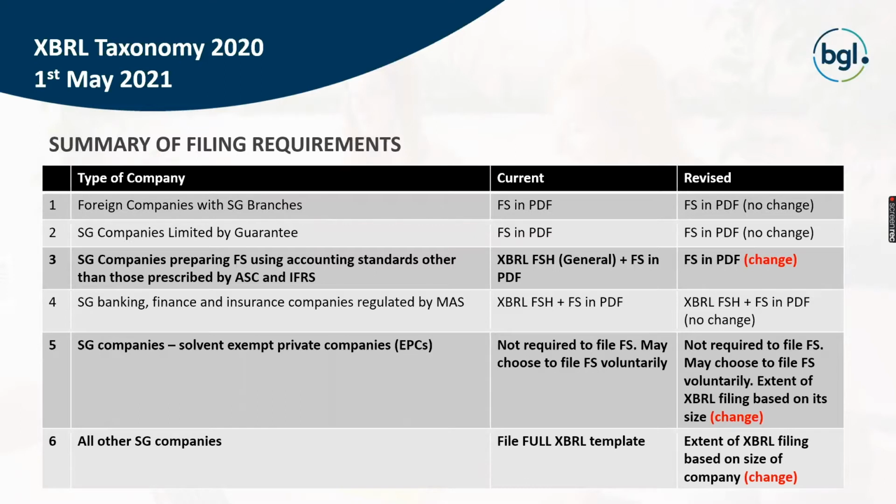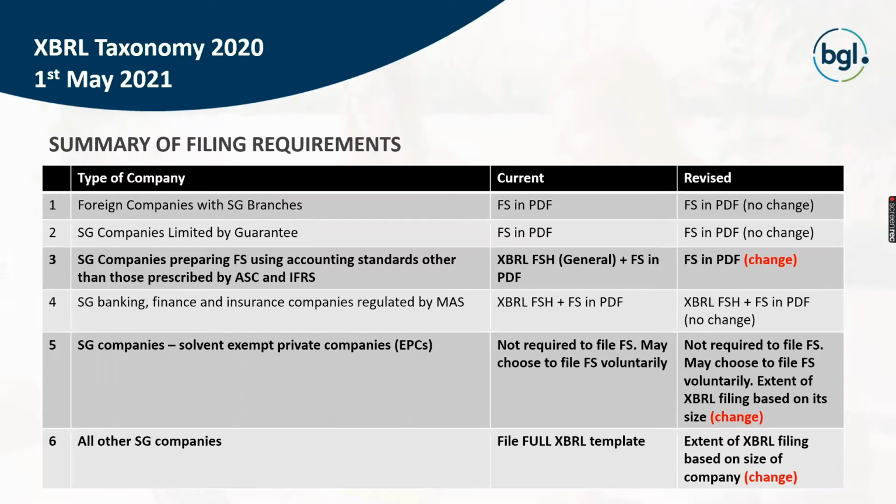For companies under number 5 and 6, this is really dependent on the size of the company as well. So for Singapore companies that are solvent, exempt private companies, currently they're not required to file the financial statements. However, they can choose to, whether it be in a PDF format or in an XBRL format.